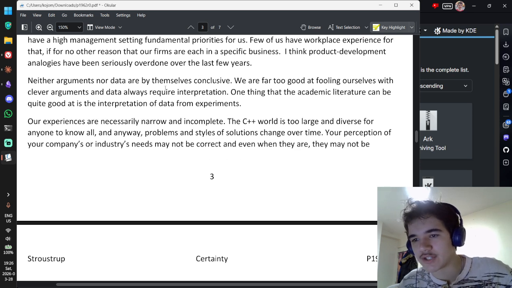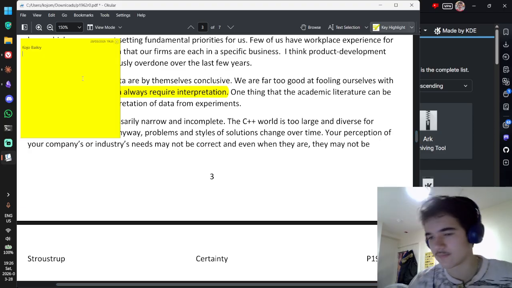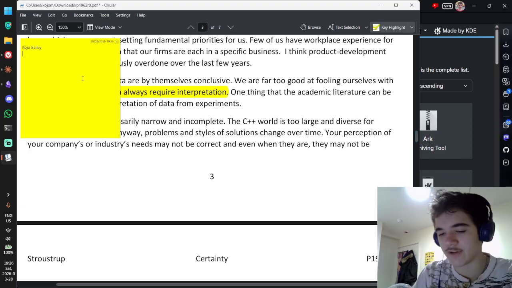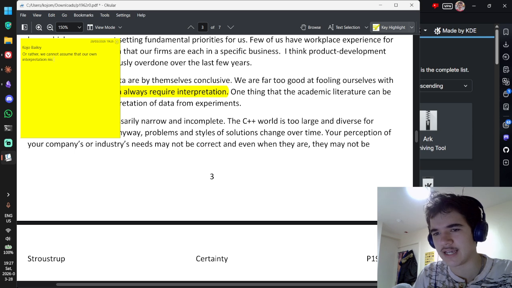Okay. Neither arguments nor data are by themselves conclusive. We are far too good at fooling ourselves with clever arguments, and data always require interpretation. Or rather, we cannot assume that our own interpretation is objective.